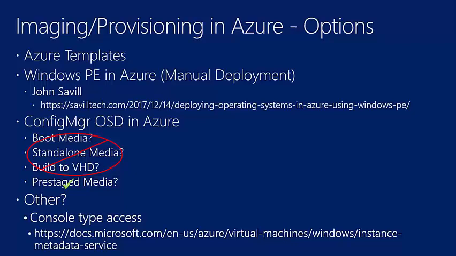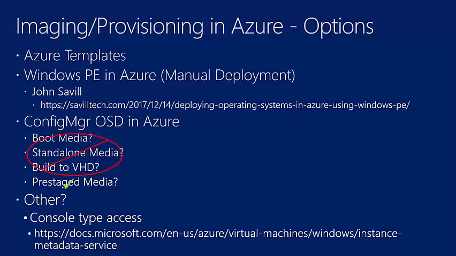Why? Boot media, a couple of reasons, right? Well, first of all, boot media, you might think of PXE, right? PXE is basically a way to deliver a boot media type experience. Well, PXE is not supported in Azure, right? Also, there's no VM console access in Azure where you can mount either a USB stick or an ISO file. So the next thing you would think of is, well, okay, great.